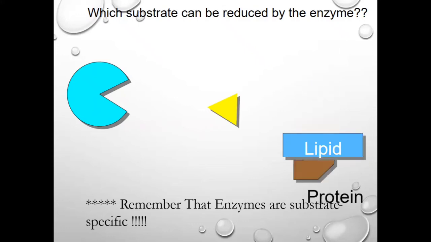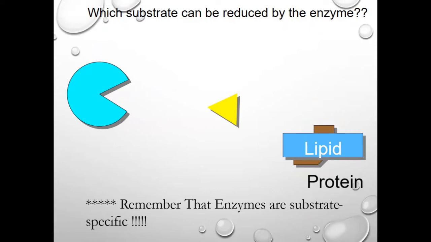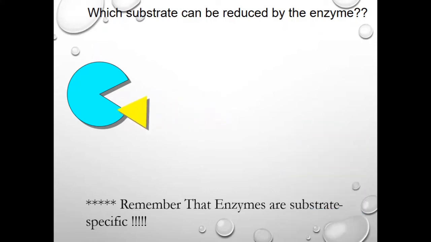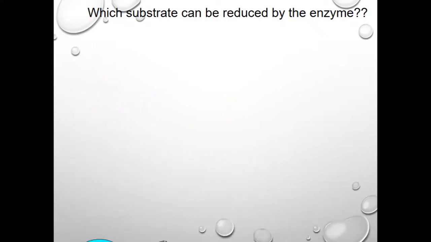Si protein and lipid. Si starch will fit in. Ayan. Simple, usable sugar product.